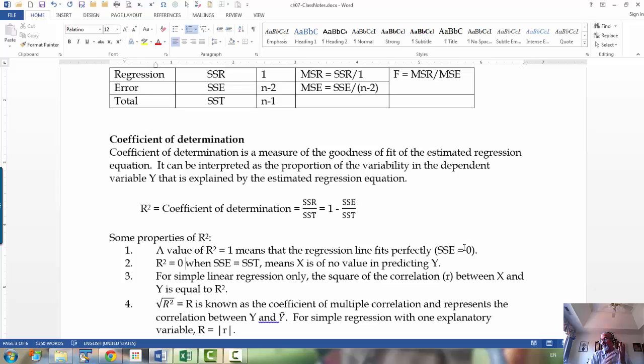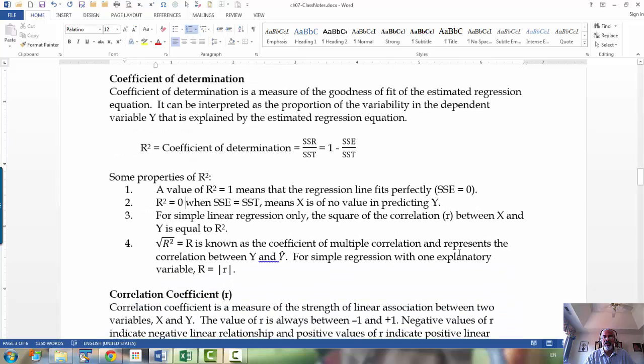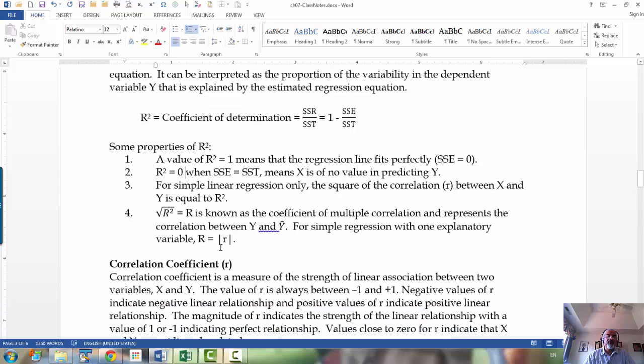Since y hat is a function of all the x's, it is a multiple correlation between y and all the x's put together. In simple regression, where there is only one x, it is just the correlation coefficient between y and x. So since there is only one explanatory variable, the square root of R squared is the absolute value of R.